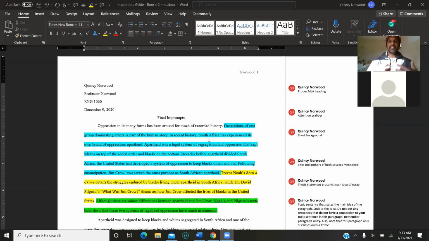Once you have this thesis statement, it's like, okay, here's the idea that has to be supported in this essay. All right. And really, it kind of takes the burden off of you as a writer when you really think about it, because it's like saying, okay, I don't have to discuss everything in the article. I just have to discuss this connection that I made in my thesis statement.